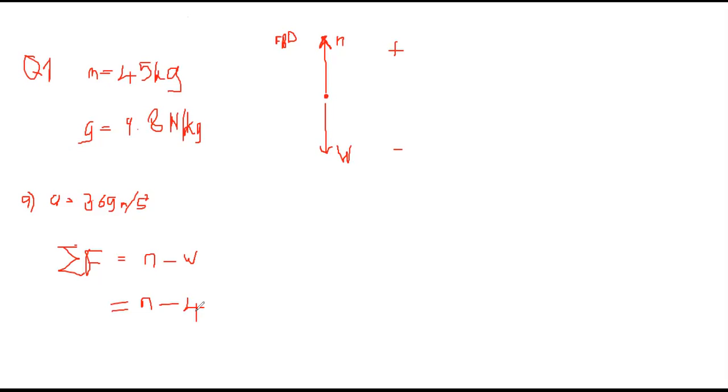It's going to be 441 newtons. This is actually the sum of all these forces that are acting on this woman, where N is the reading on the scale. Then what do we know about these forces?